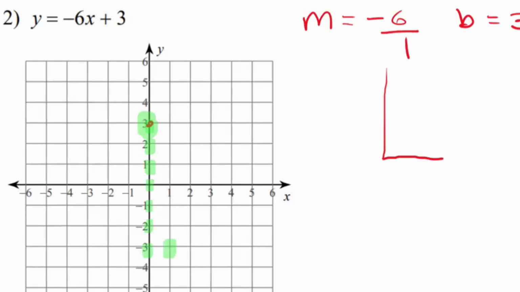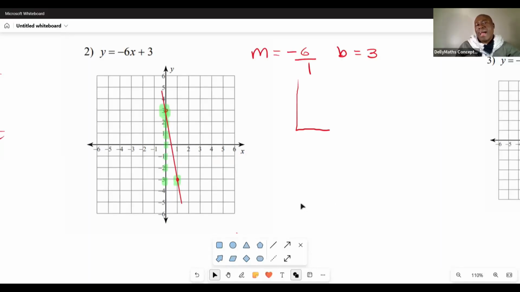Right? So our second point is right here. So what we're going to do is just to connect these, and there we would have had the graph for that equation right there. That's our second graphing, right?